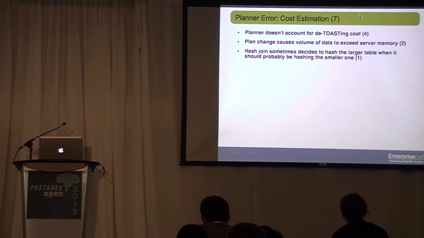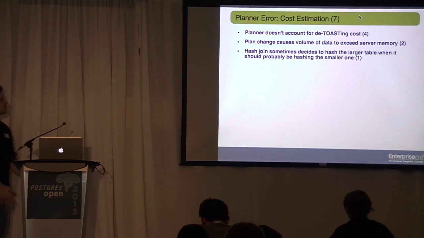Right now the query planner isn't smart about this at all. It just detoasts at the first place where that information is needed, with no logic to decide whether it should happen here or there. And that turns out not to be so good.